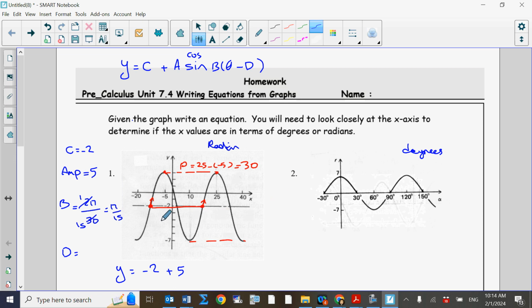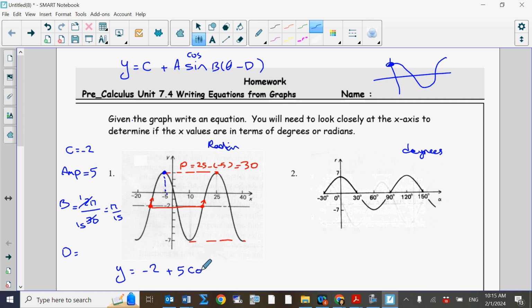We know that a cosine function starts from a high point, because this is how a parent cosine function looks like. It starts with a high point. So this high point is my first point. I consider that as the first point, which is starting at -5. That means the function is moved left 5.